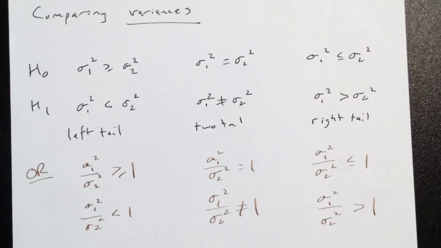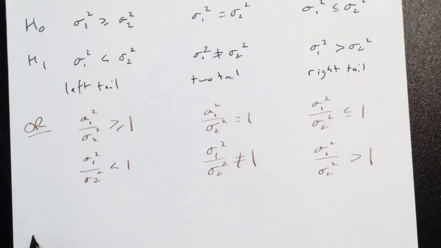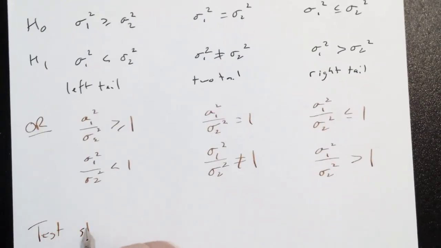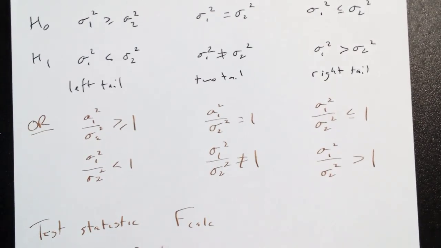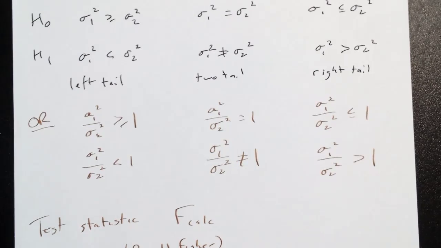So if those are my hypotheses, I need to then ask, what's the statistic I'm going to test? And what's my critical value worked out here? So my test statistic is an F, not a Z, not a T. This is named after Ronald Fisher, who's the person who developed this test.